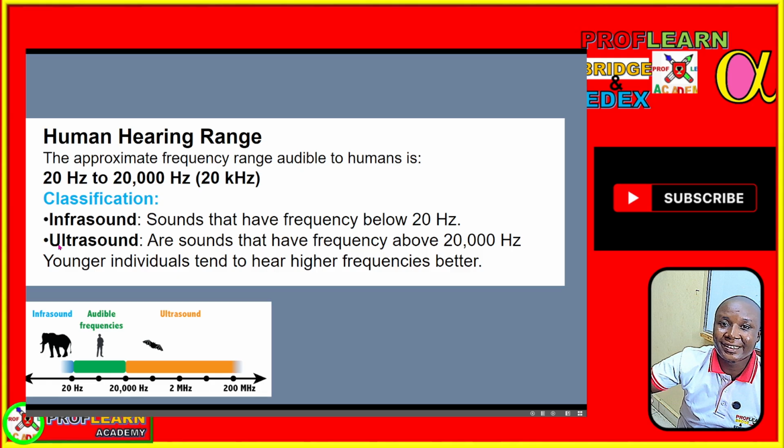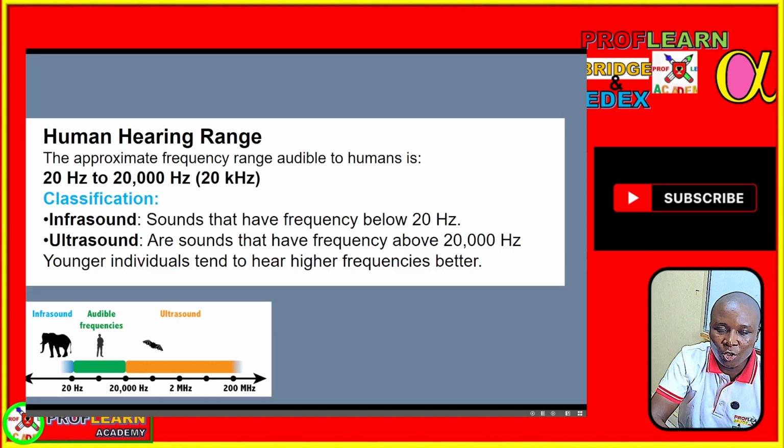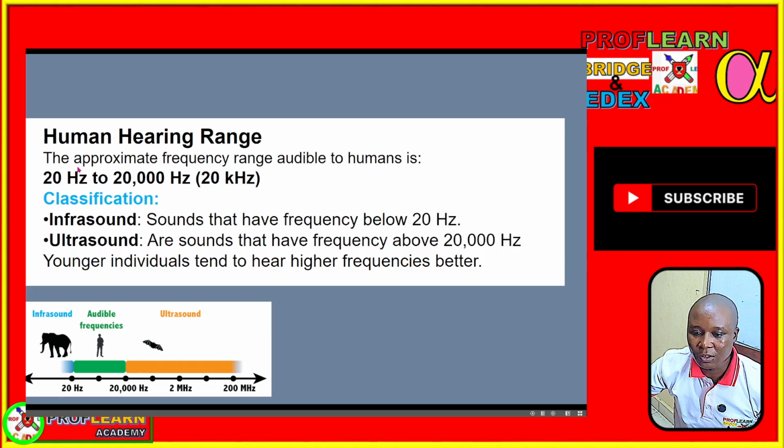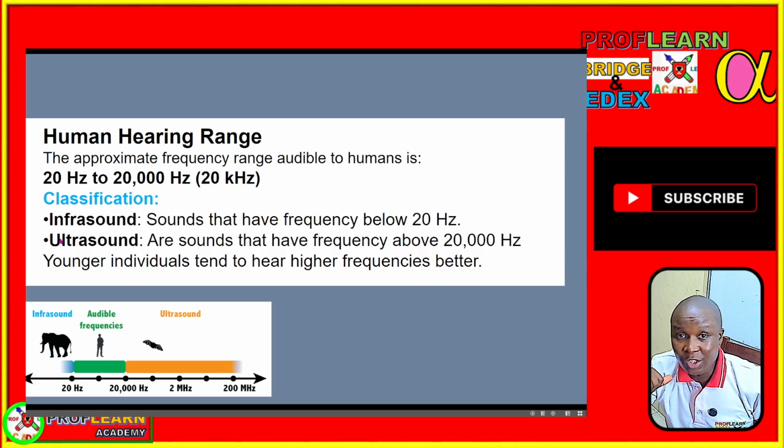Ultrasounds are sounds above 20,000 Hertz. So if a sound is above 20,000 Hertz, that type of sound is known as ultrasound or ultrasonic sound. Sound that is below 20 Hertz is called infrasound. Sound that is above 20,000 Hertz is called ultrasound.